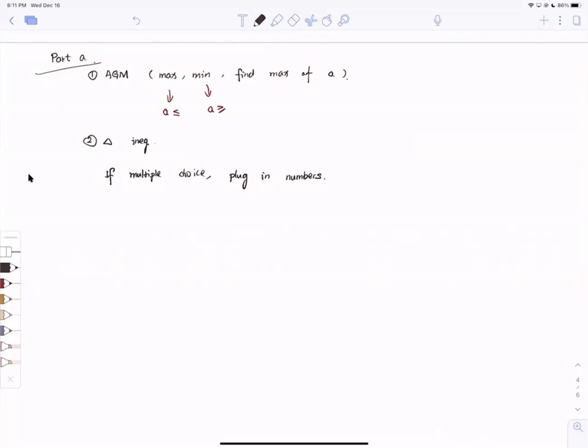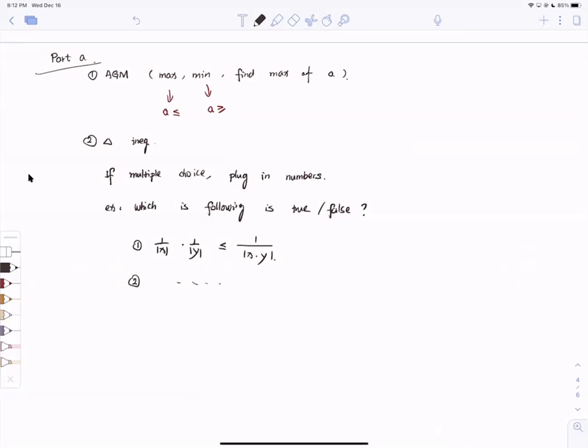For example, which of the following is true, or which of the following is false? And they have something like, not just triangle inequality, okay? For AGM as well. For example, one is something like 1 over x times 1 over y is less than or equal to 1 over xy, and so on.